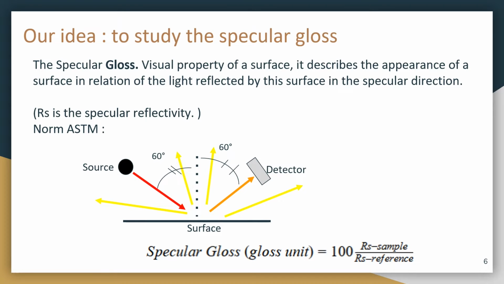Here we have the source in a configuration of 60 degrees with the surface, and the surface with the detector. It depends on the reflectivity in the specular direction of the sample and the reflectivity in the specular direction of a reference.